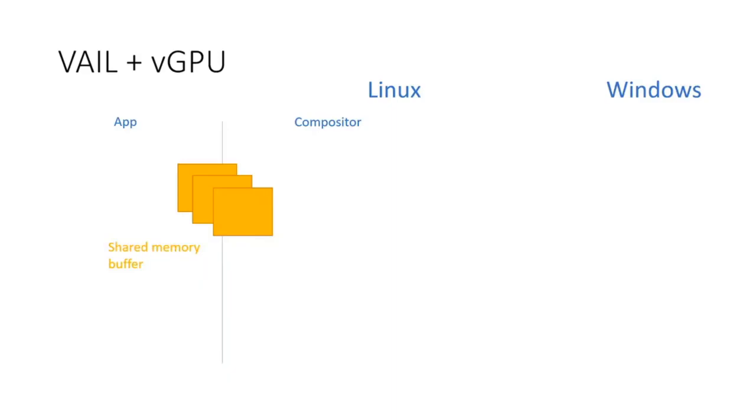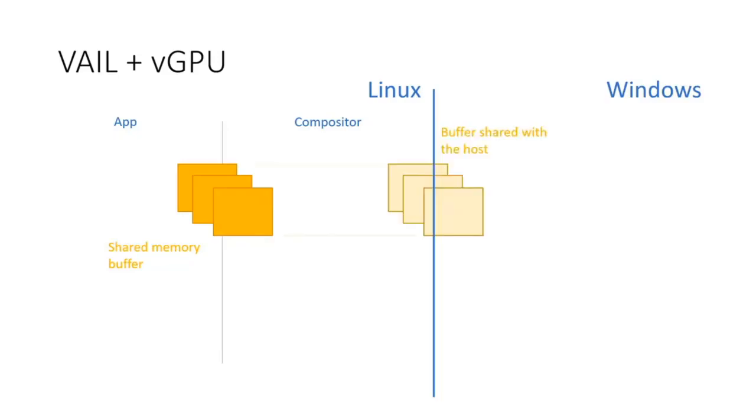In this case, the buffers that are allocated by the application and shared with the Linux compositor are actually video memory buffers. They're not system memory, they're actual memory on the GPU that the application can render directly on.